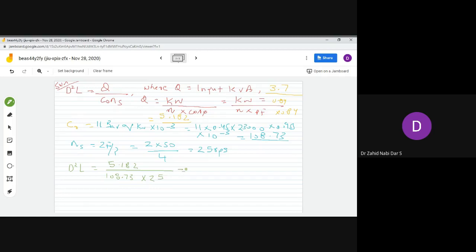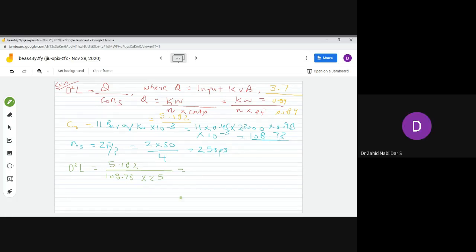So tell me the value. What value are you getting? Calculate this. Yeah, Manohar, Ratika, Afsa, Nilinakshi, calculate this value. 1.93 into 10 power minus 3.